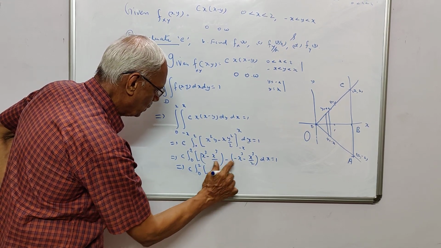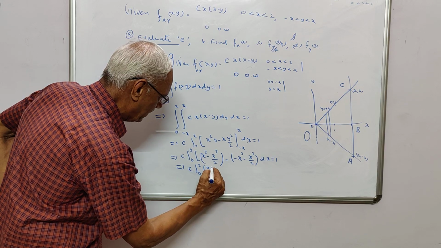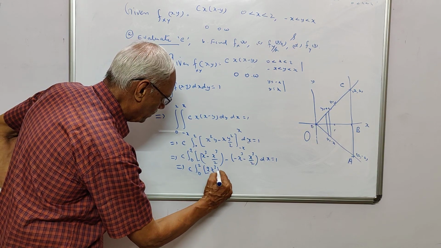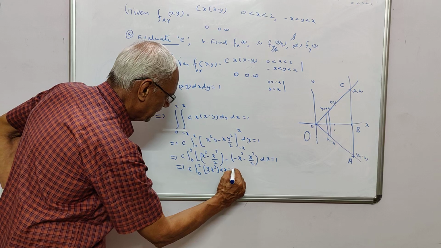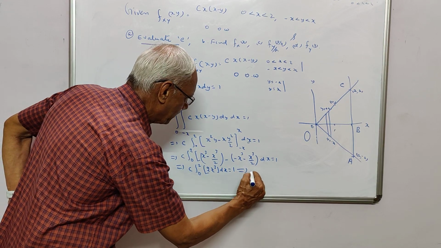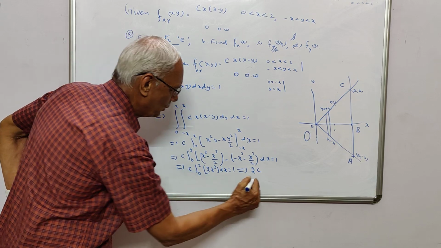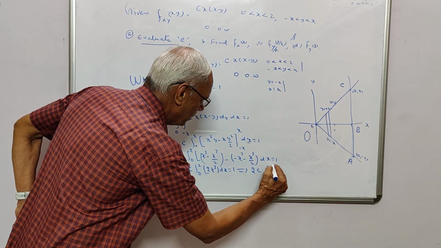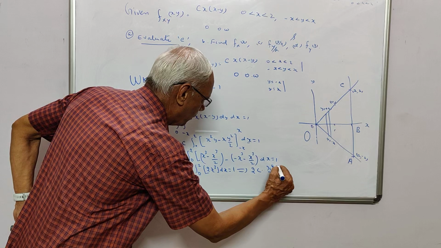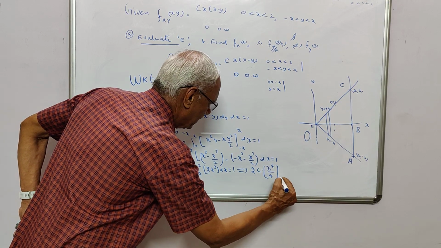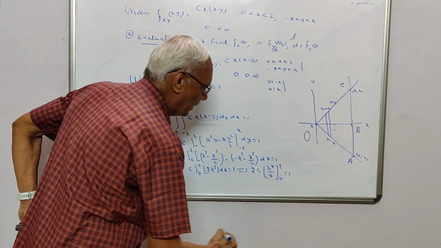So it will be 2x cubed. So you get the integral of 2x cubed dx equal to 1. This implies 2c into the integral of x cubed, which is x to the power of 4 by 4, from 0 to 2, is equal to 1.